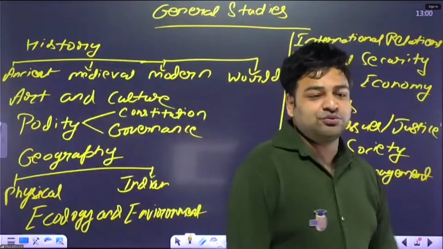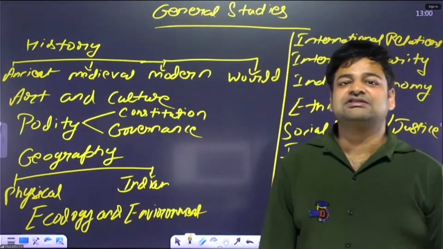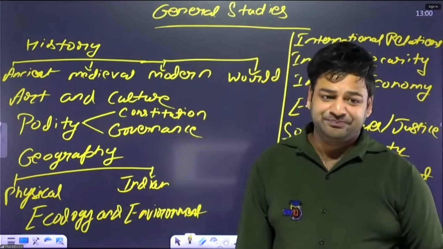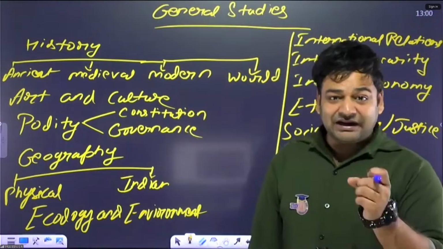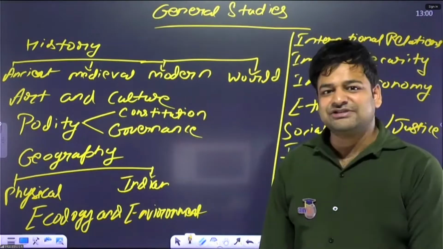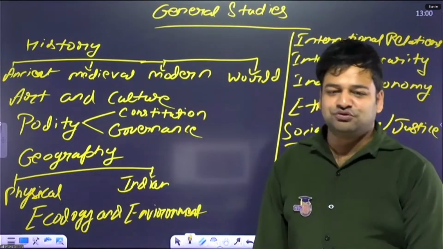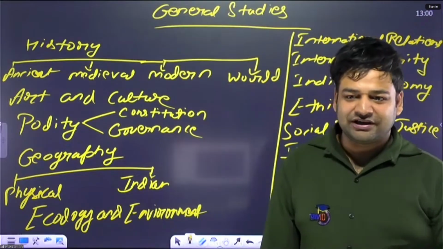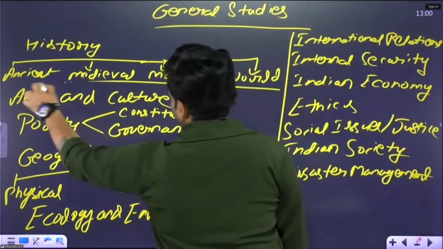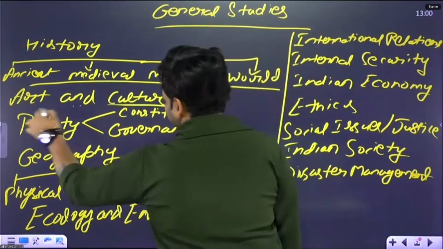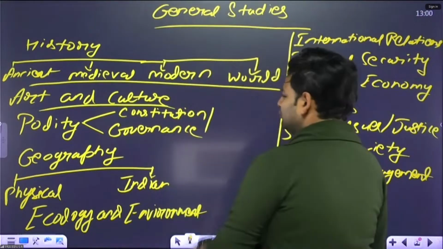See, the first thing is what I have noted here is the syllabus of our general studies, right? As you can see, multiple subjects. Now, I'm not trying to frighten you, and I'm not trying to be a pessimist. I'm just being factual, as honestly as I can represent the facts. So I have got, as we can see, 4 subjects from history only, then art and culture 5, polity 7.